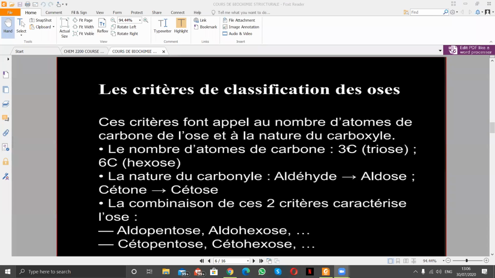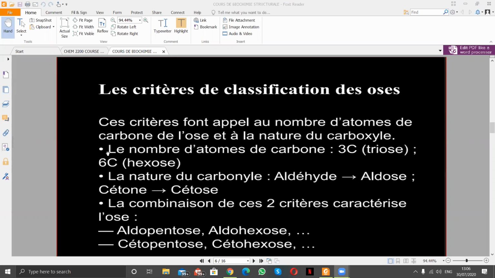I've talked about the number of carbon atoms of a monomer. I said 3 carbon atoms, I mentioned 4 carbon atoms, 5 and 6. I mentioned trioses, hexoses, a 6 carbon atom, and it goes on and so forth.